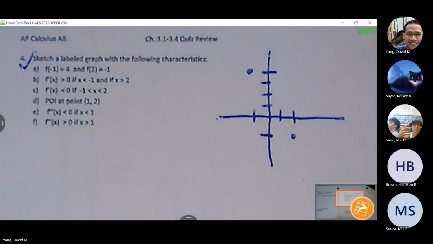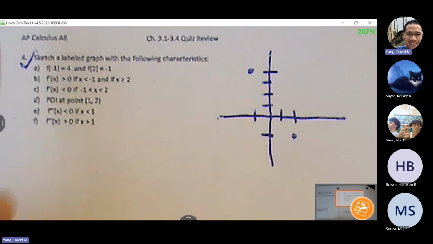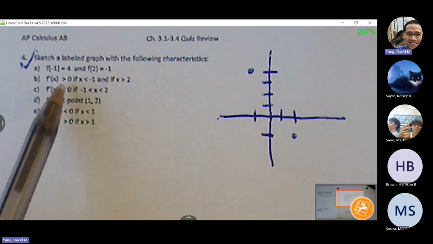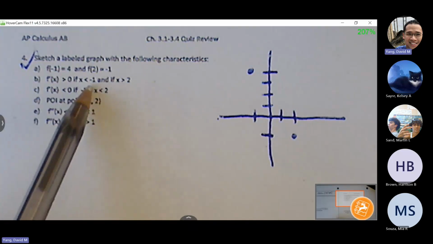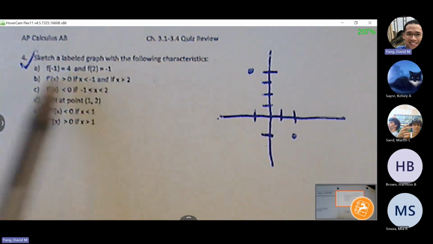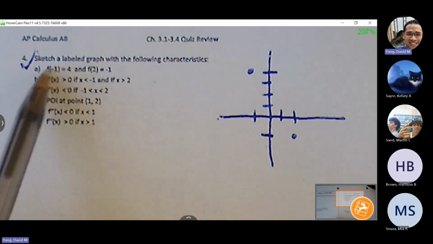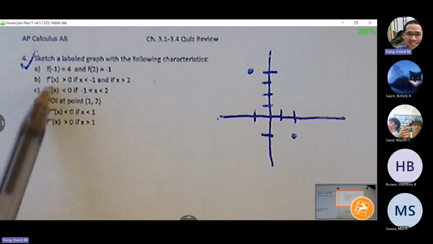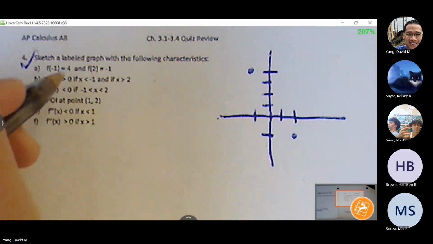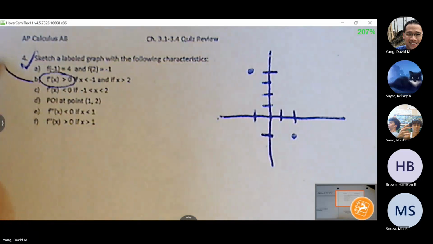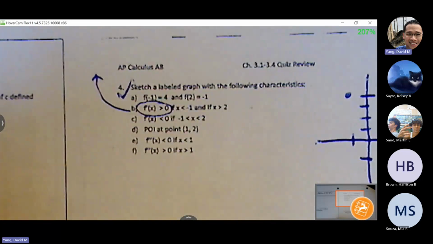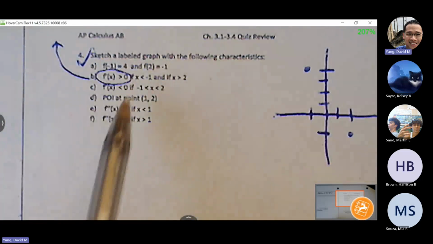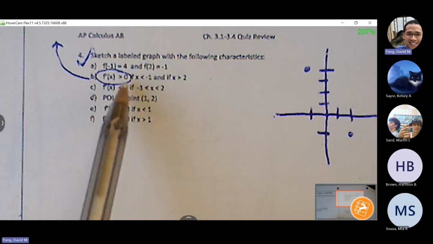That's done. Second statement: f prime is greater than 0 if x is less than -1 and if x is greater than 2. What does f prime greater than 0 mean? Another way of saying that is what? Well, that would be f of x greater than 0, right?